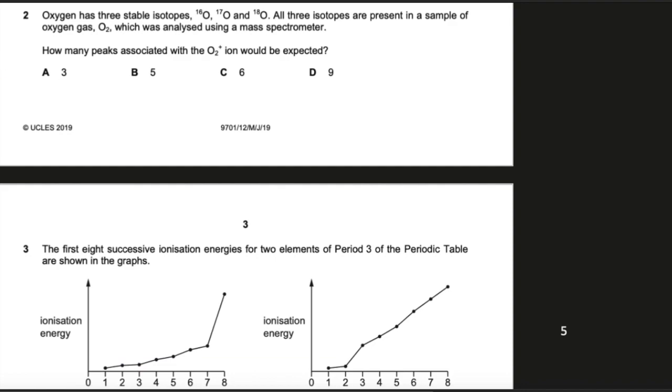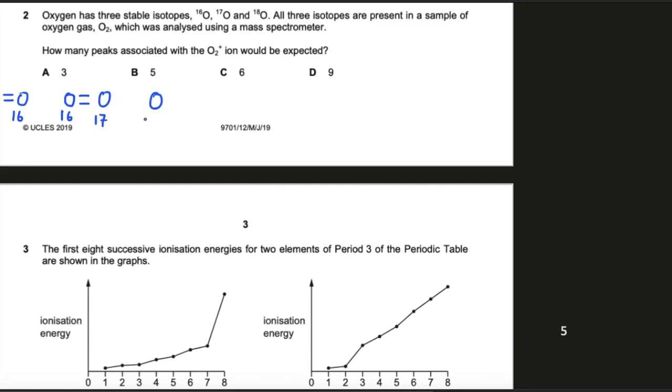First of all, you have to understand that oxygen exists in the form of O2. So there is a possibility that both oxygen atoms having 16 atomic mass will make a bond with each other. There is another option, 16 and 17 oxygen make a bond with each other.